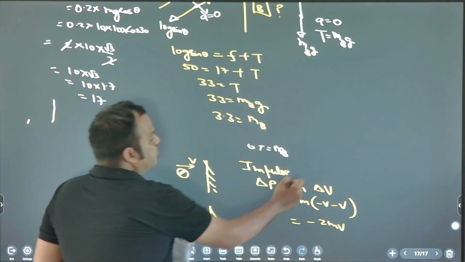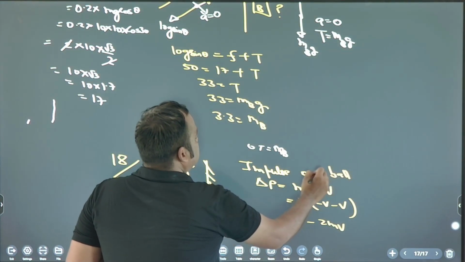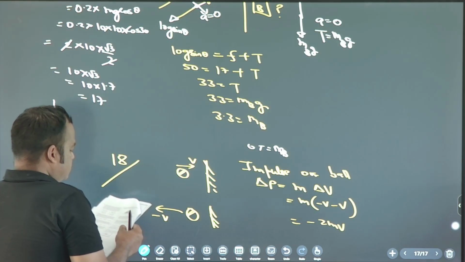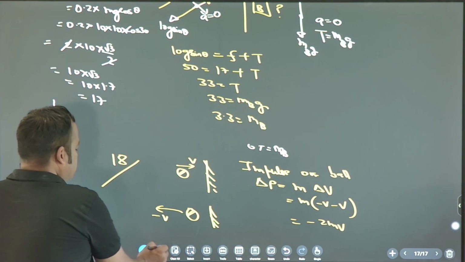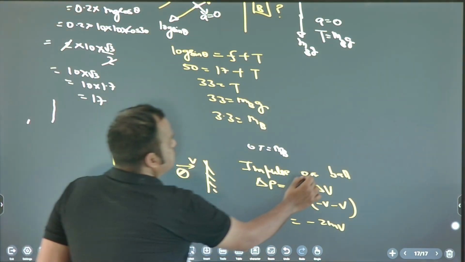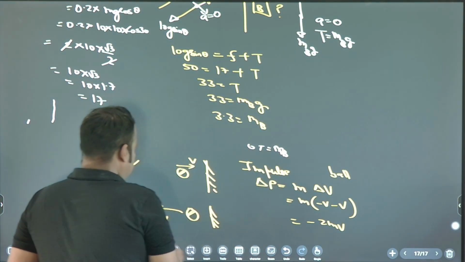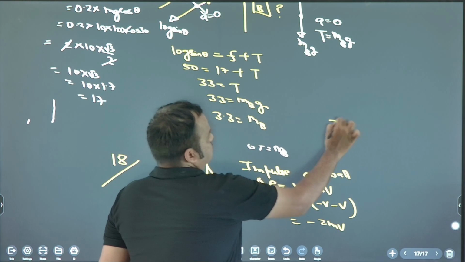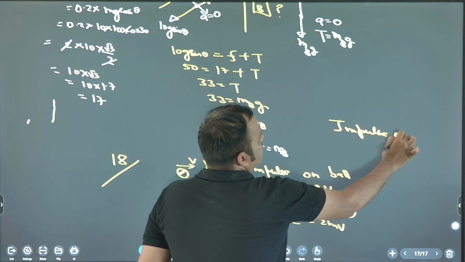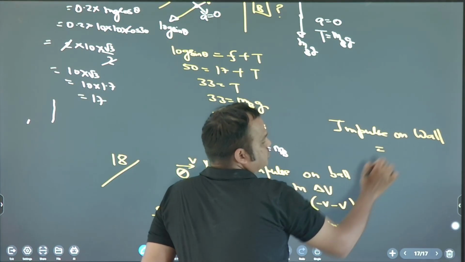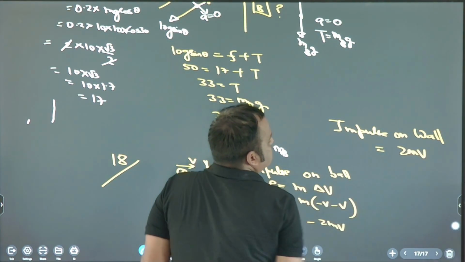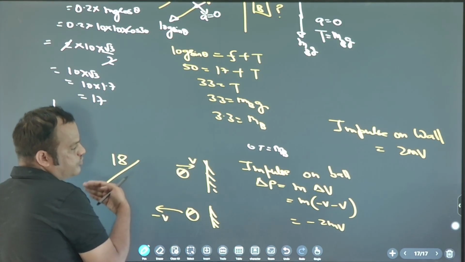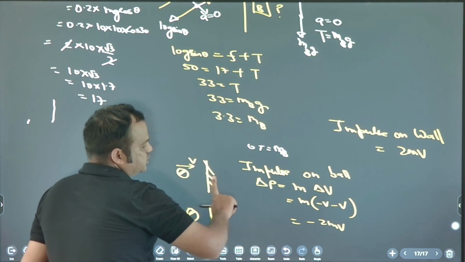So this is the impulse on the ball. So what is the impulse on the wall? Impulse on the wall will be 2mv. The ball is experiencing force to the left, the wall experiences force to the right.